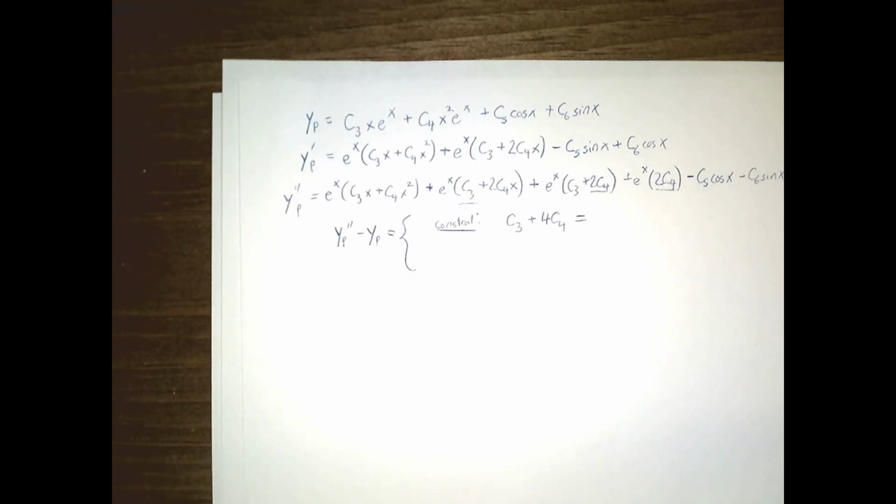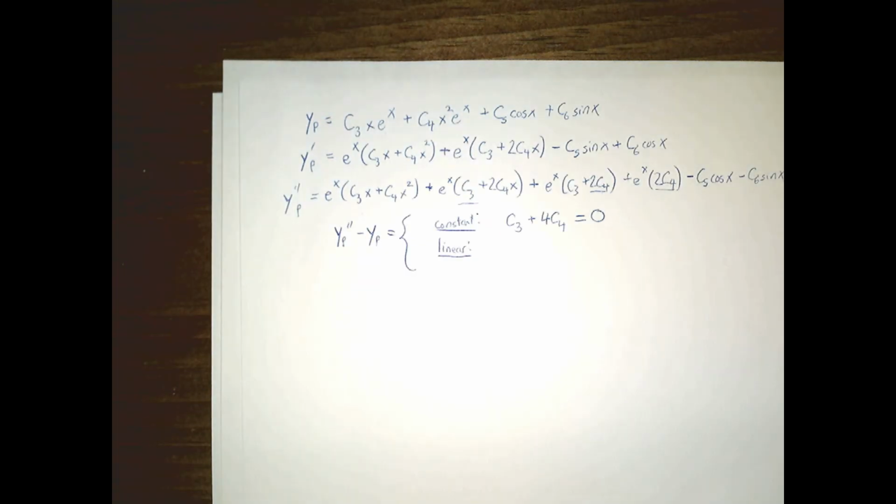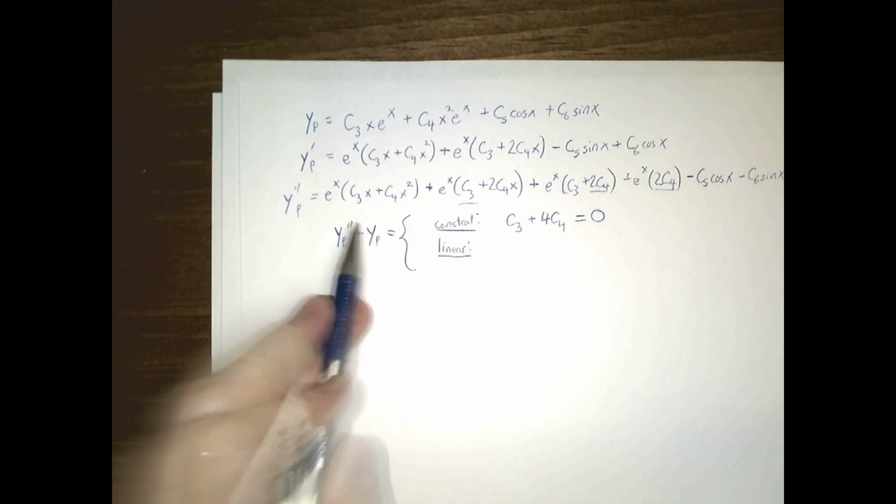And that's fine because on the original right-hand side of the equation, there was no e to the x, there was an x e to the x, but this should equal 0 to match that coefficient there. When we look at the linear ones, which is one of the inhomogeneities we actually have, we can again match those terms.